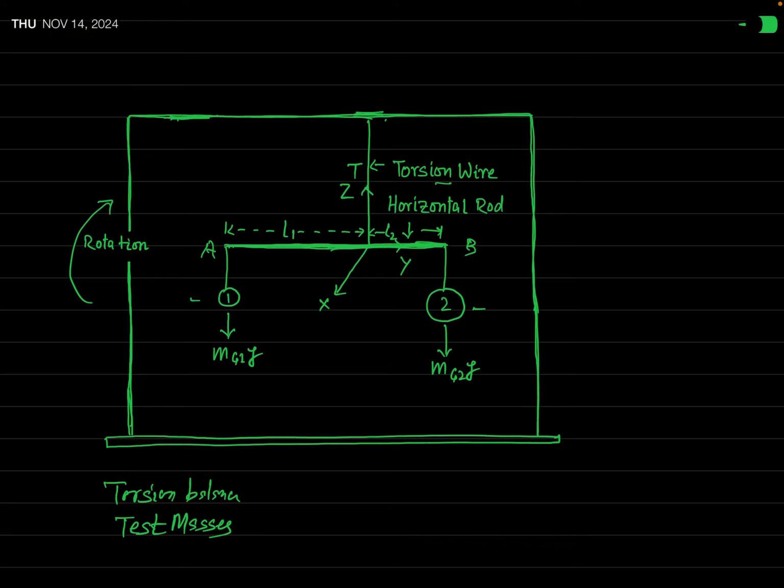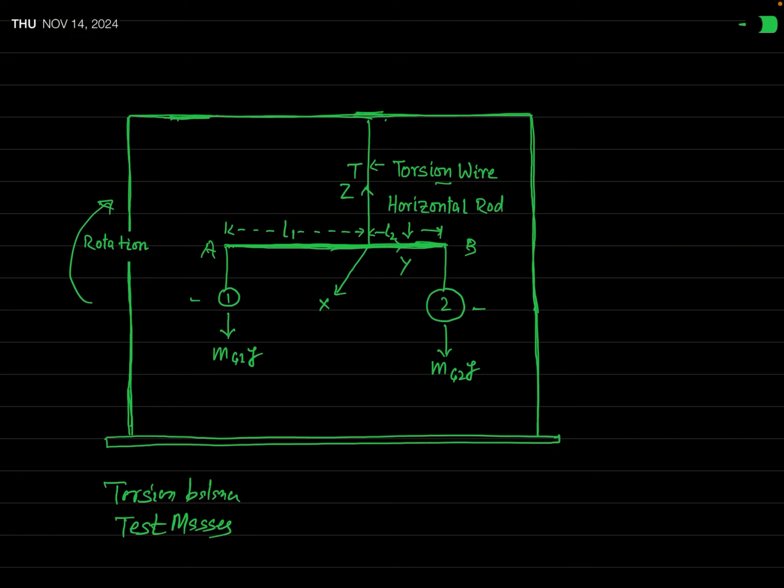Now the entire device was rotated, as I have shown here by this arrowhead, in either anti-clockwise or clockwise sense. After the rotation of the device, any twisting of the wire, that is any torque developed, was carefully measured.